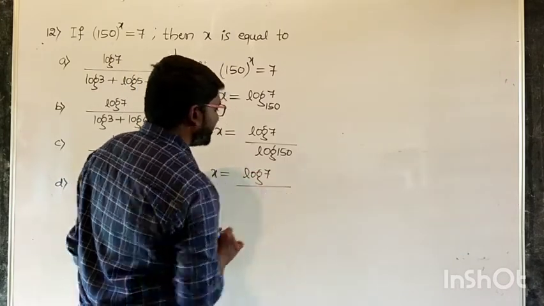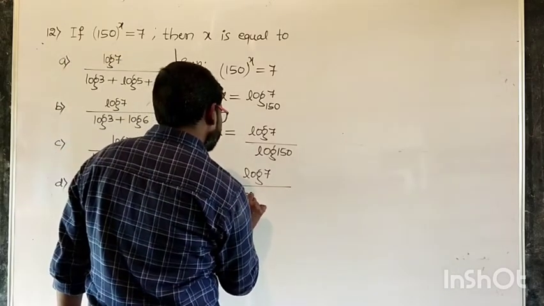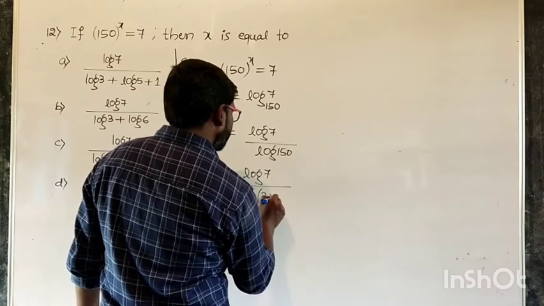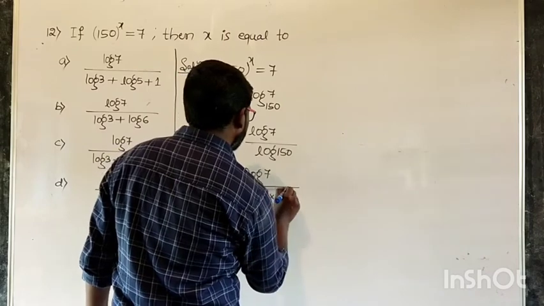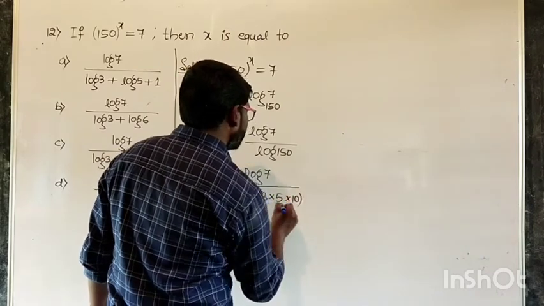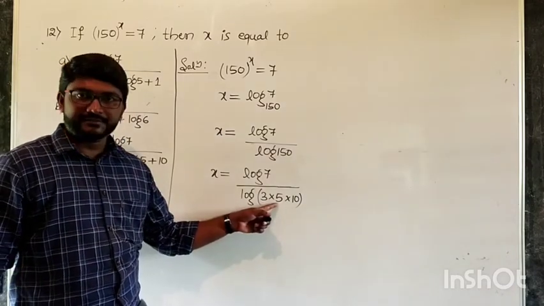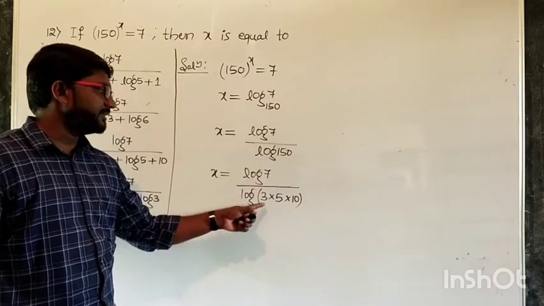Then divided by, so here 150 can be written as log of 3 into 5 into 10. So multiply all the three numbers. 3 into 5, it is 15. 15 into 10, it is 150. So this I have written in this form.